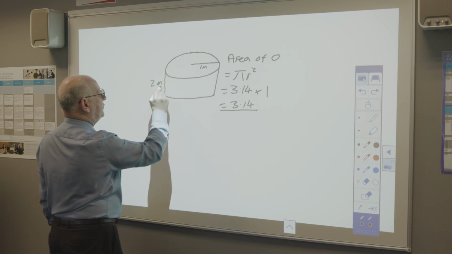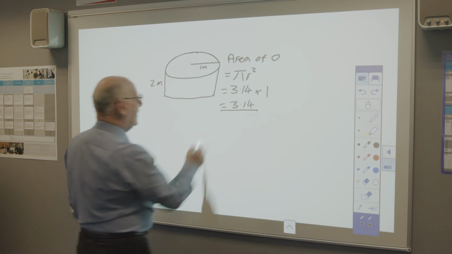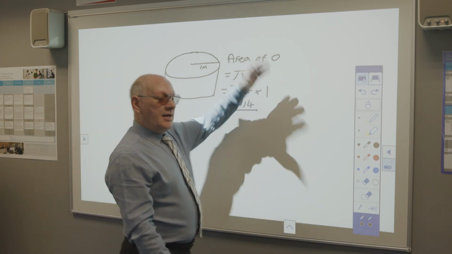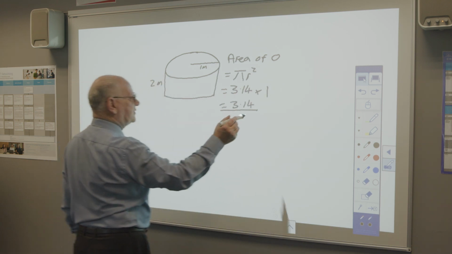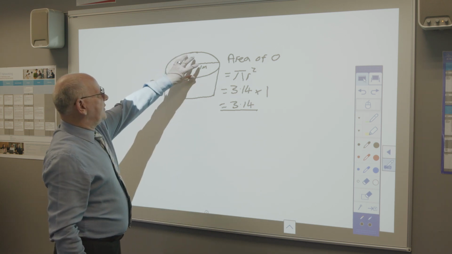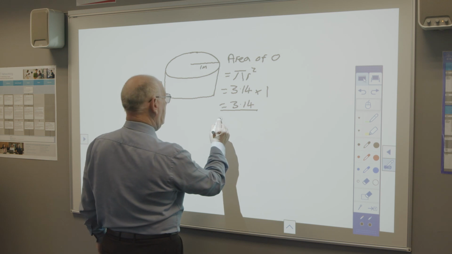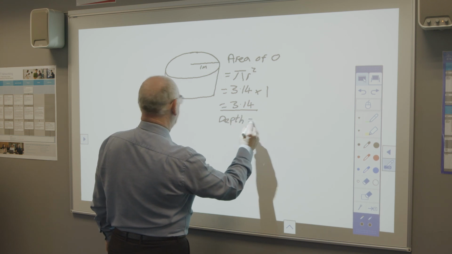We have a depth of 2 meters. All we have to do, just like volume, when you're doing it, you're working out the area times the depth with the rectangle, just the same with the circle. We've worked out the area of the top, multiplied by the depth. Depth is 2 meters.